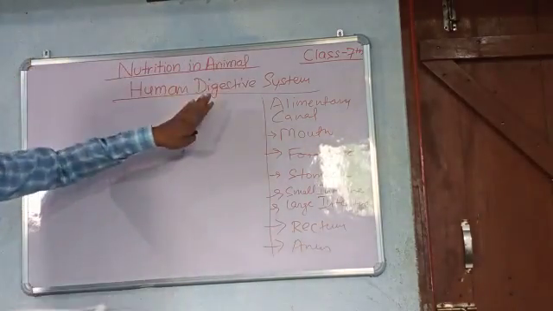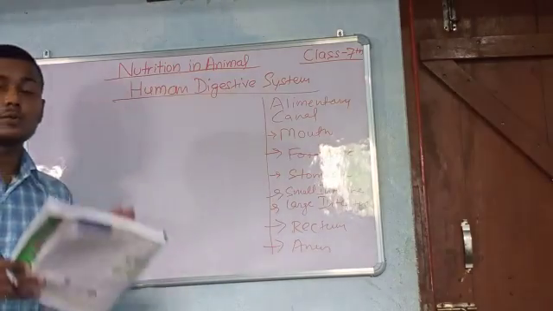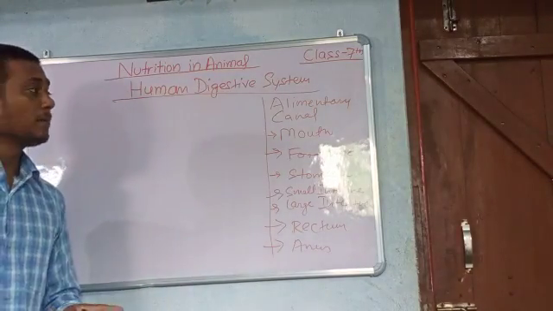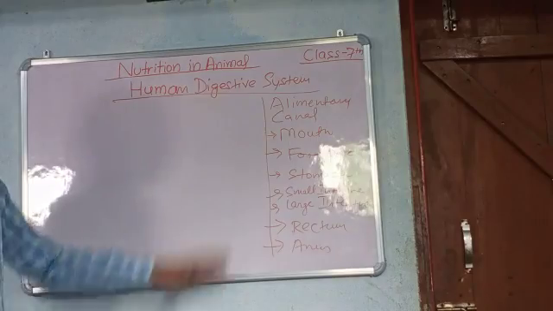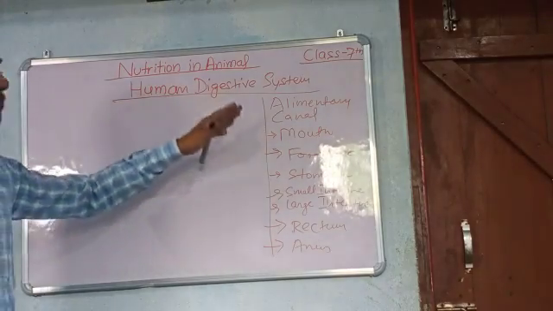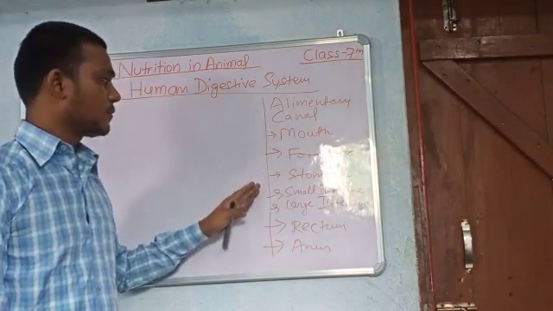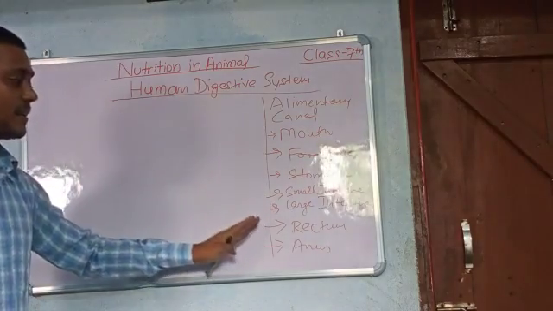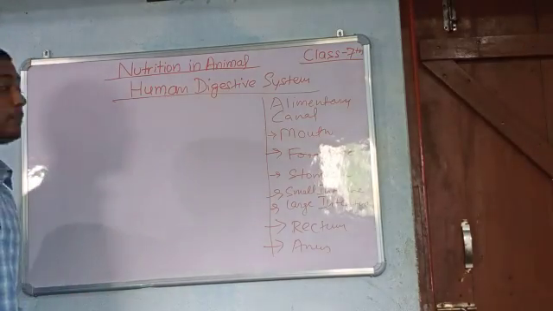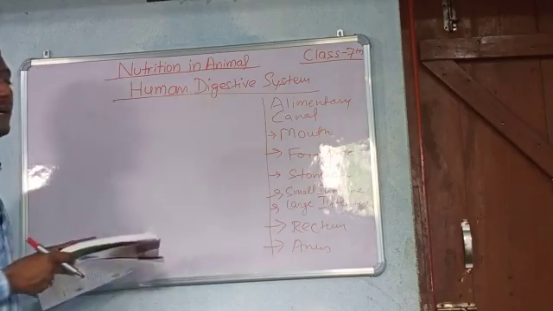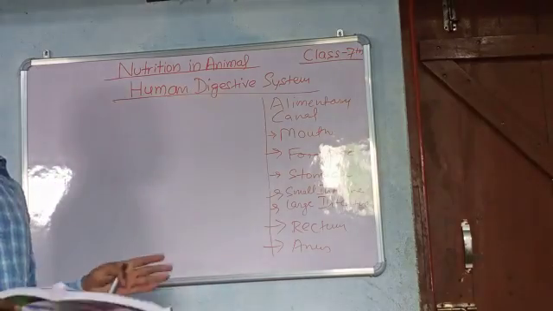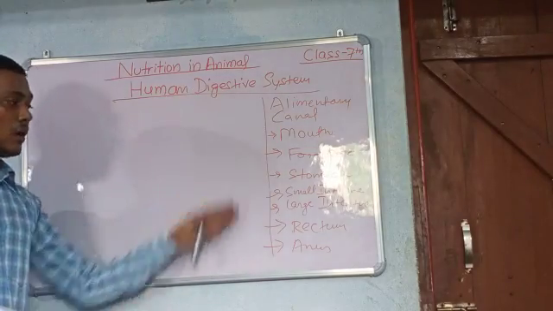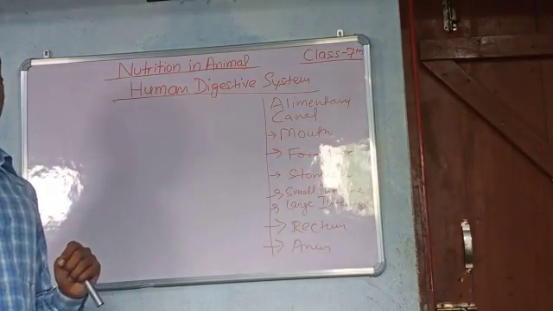So the process of digestion of food takes place with these canals. Mouth, food pipe, stomach, small intestine, large intestine, rectum, anus, we already discussed. Whatever processes happen in the human digestive system, all these parts of our body take part in the process.